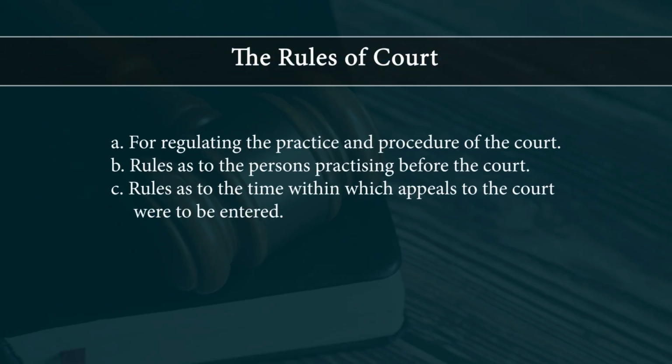Number 1, for regulating the practice and procedure of the court, or rules as to the persons practicing before the court, or rules as to the time within which appeals to the court were to be entered.